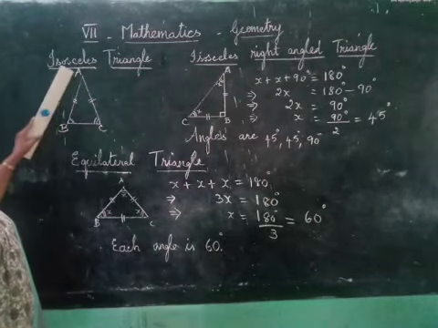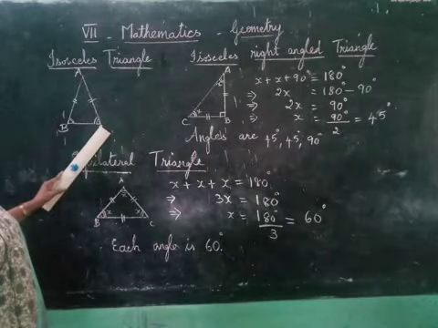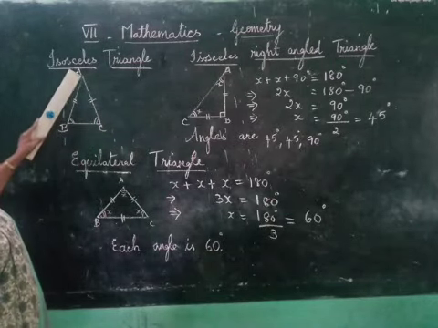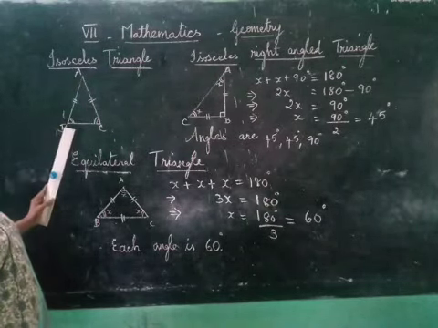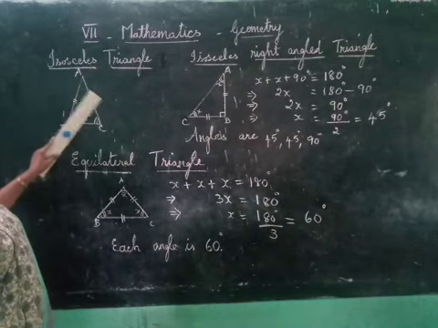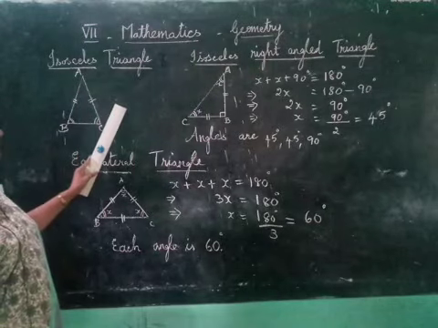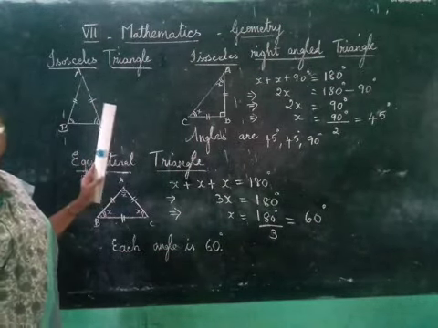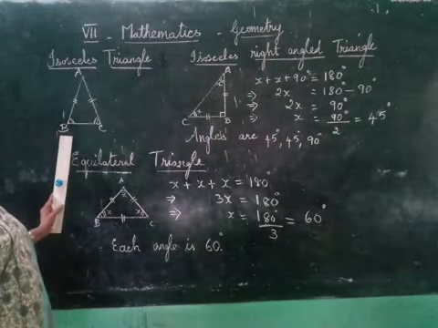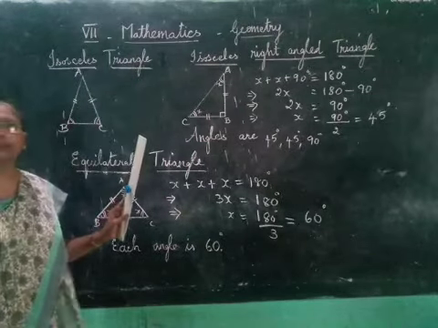That is, angle C lies opposite to side AB and angle B lies opposite to side AC. Therefore, when AB and AC are equal, then angles B and C also will be equal.